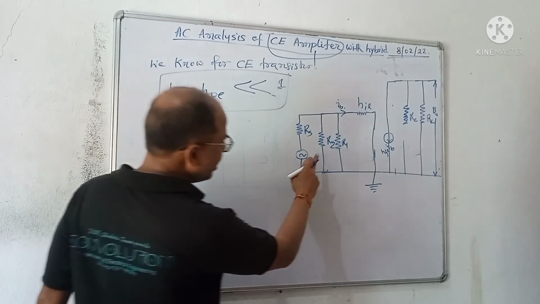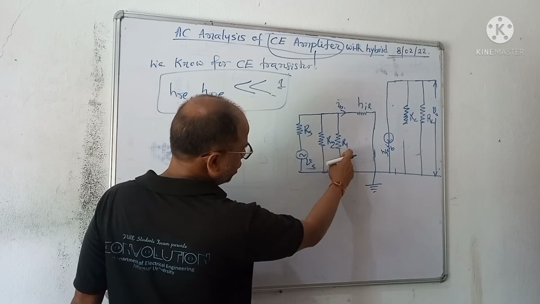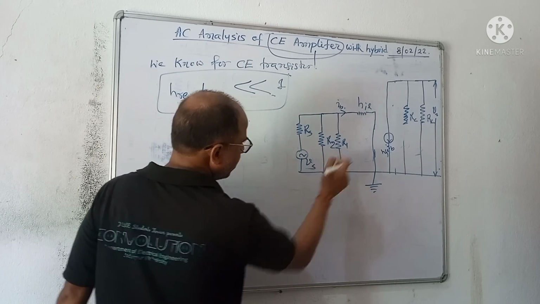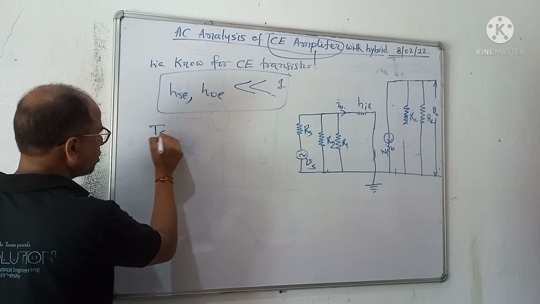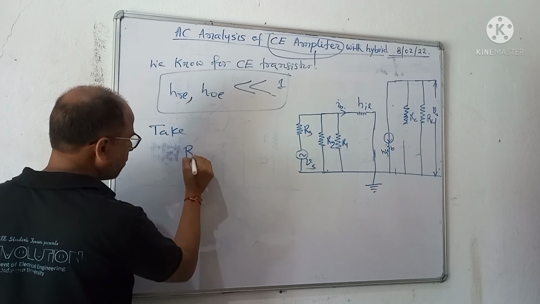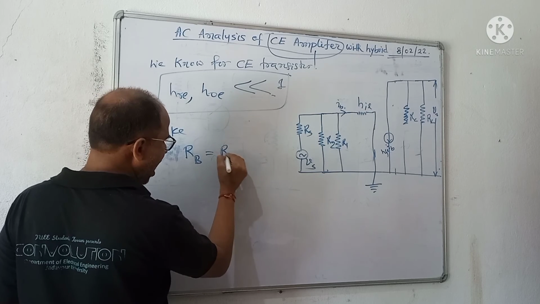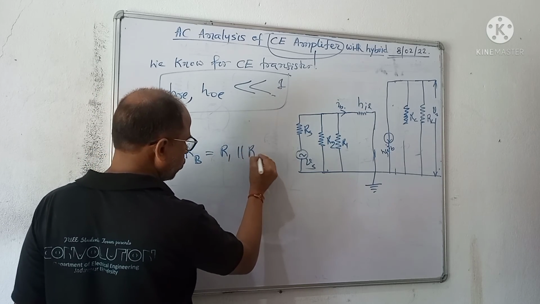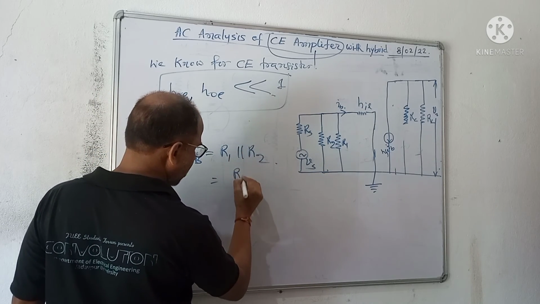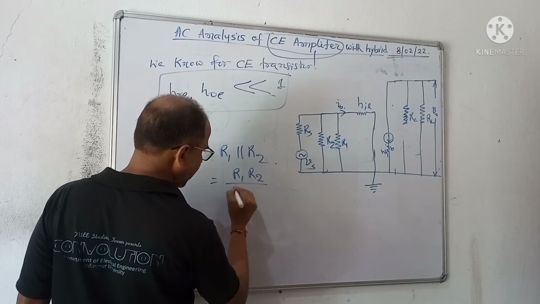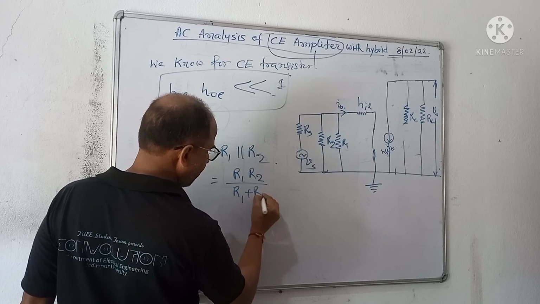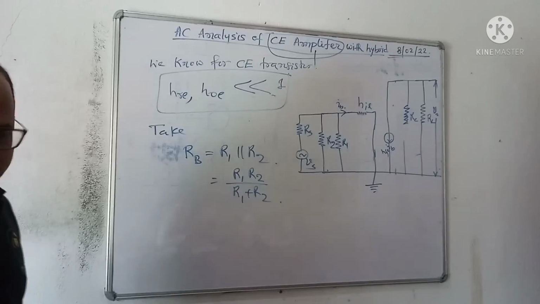Now, you see here R1 and R2 are in parallel. Take RB equal to R1 parallel R2, that means R1 R2 by R1 plus R2.